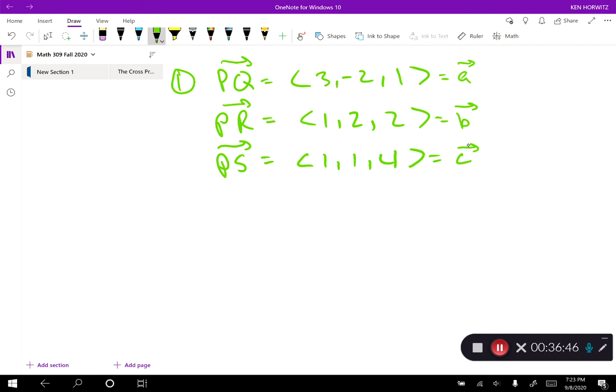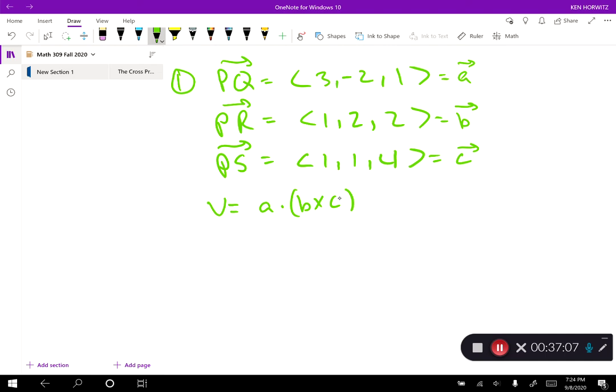So, of course, if our volume equals A dot B cross C, the first thing we need to do is B cross C, and then we can do A dot. I'm going to show you a little bit of a shortcut.